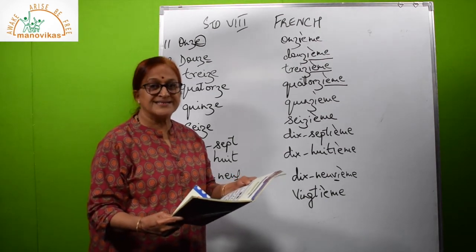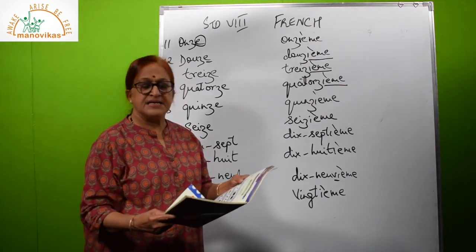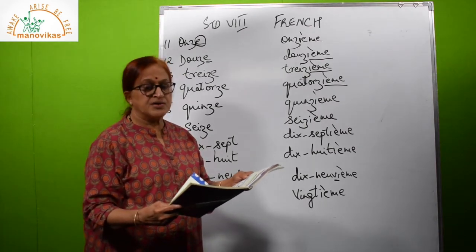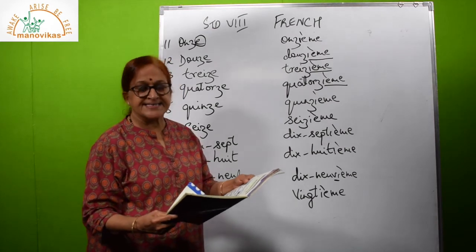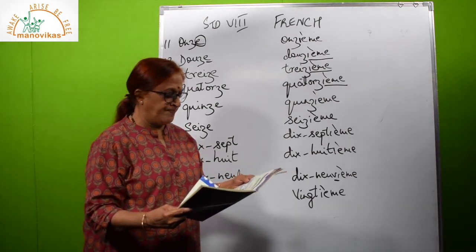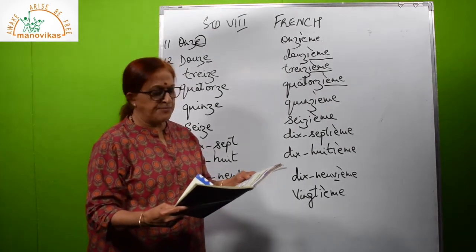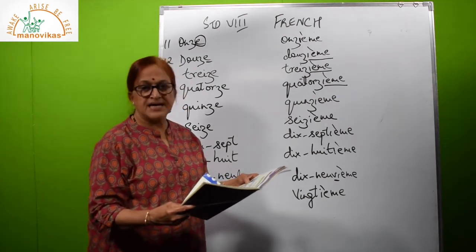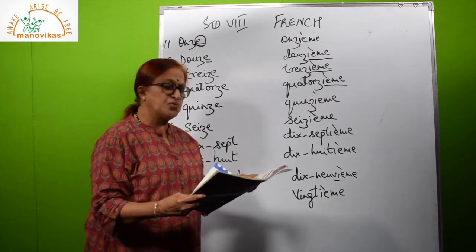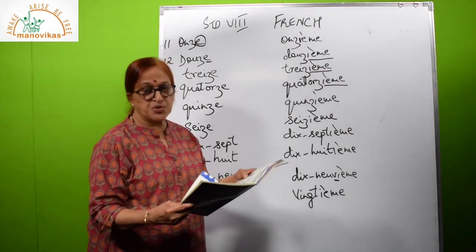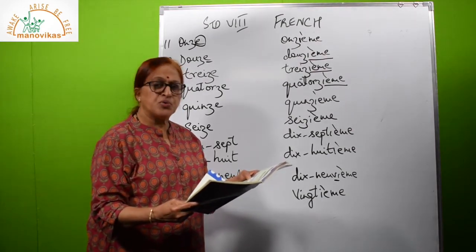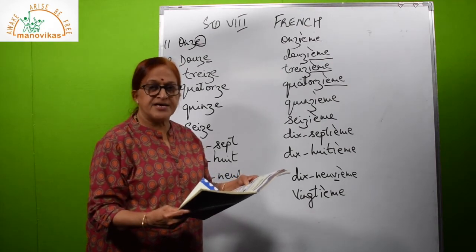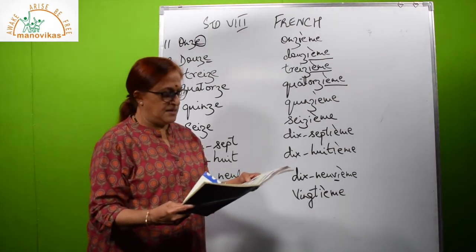In your earlier lesson, we were just adding S. Now no. Now there are rules to be followed. So EAU, you add an X. So des tableaux. Un tableau, des tableaux means one board, some boards. Un couteau, one knife, des couteaux, some knives. So all the nouns which end in EAU take an X.